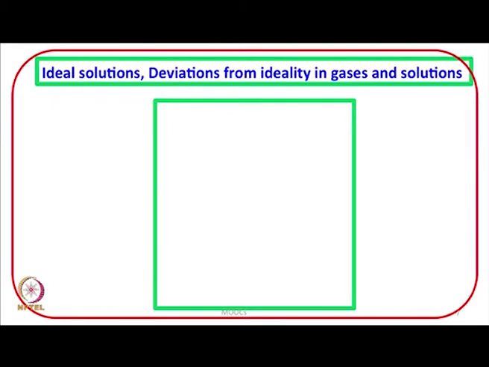Then we started discussion on ideal solutions, deviations from idealities in gases and solutions. We introduced chemical potential. Chemical potential is central to chemistry when it comes to discussion on equilibrium.